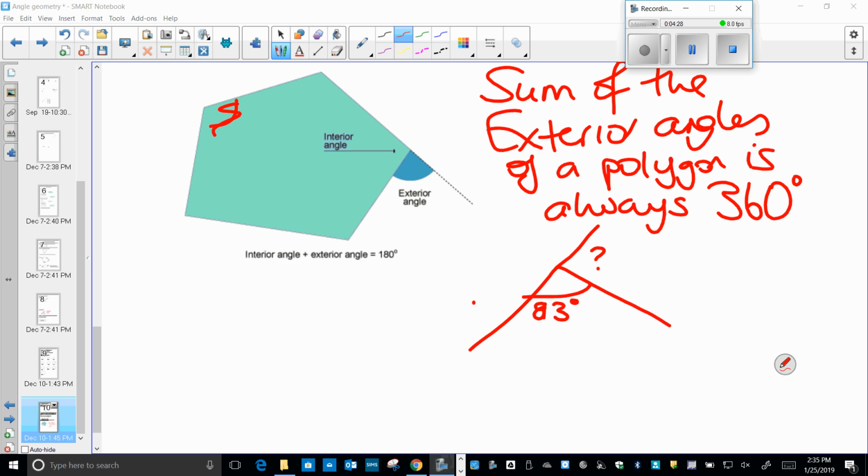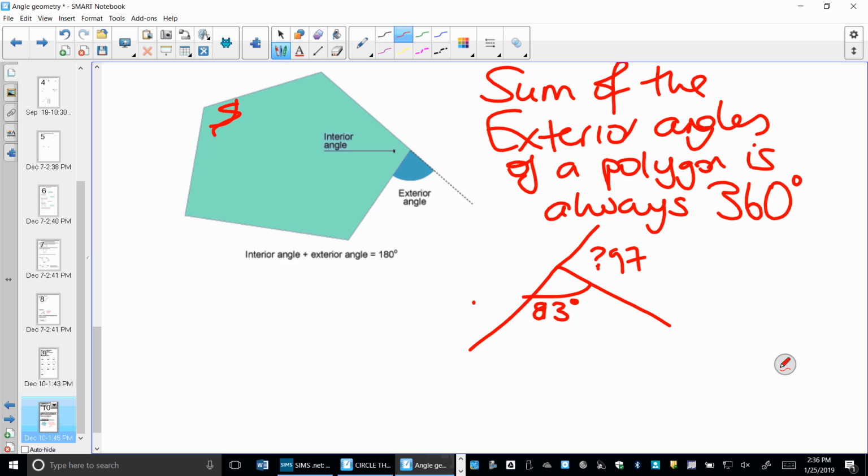Now, if we knew the sum, then we could divide our sum by this angle and tell us how many sides. But we don't know the sum because it differs for each polygon. But what doesn't differ is the exterior angle. So what you would do is to say, okay, well I know that my exterior angle must be 97. How do I know that? And then you do 360 divided by 97, and that will tell you how many sides the shape has.